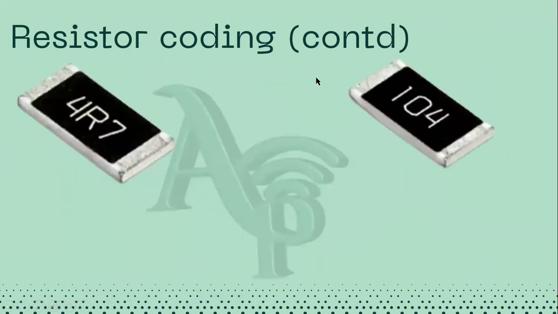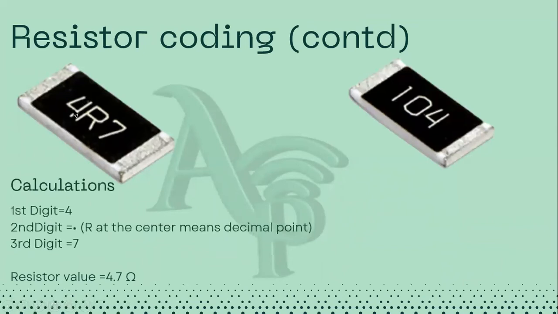Let's proceed. Now let's look at number coding, resistor number coding. You must have seen this type of resistor in circuit boards, mobile phones, your MP3 players, and the rest. Now, when you see 4R7, it actually means the resistance. How do we interpret it? The first digit is 4.